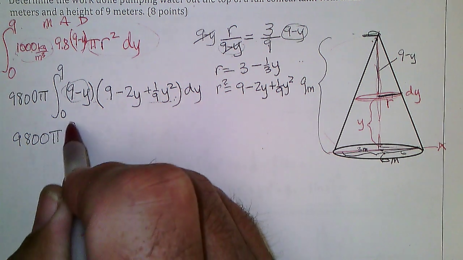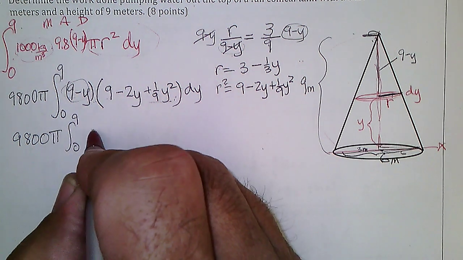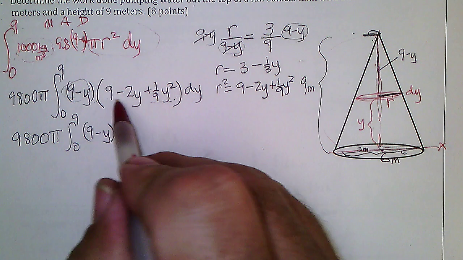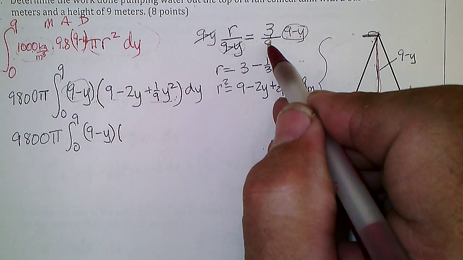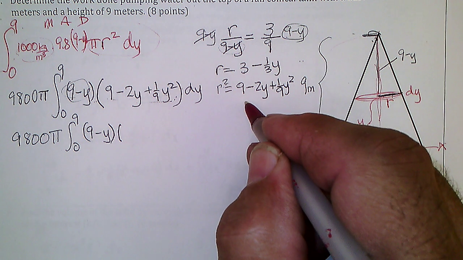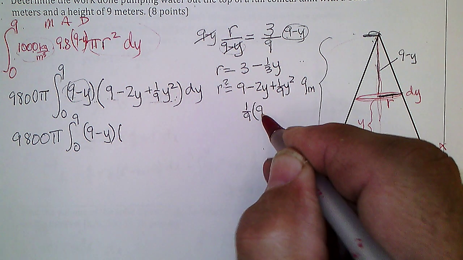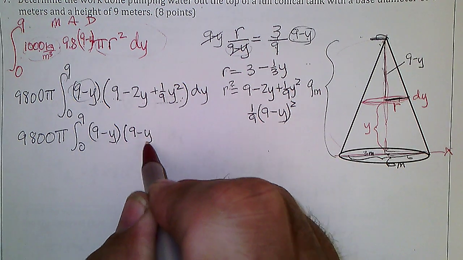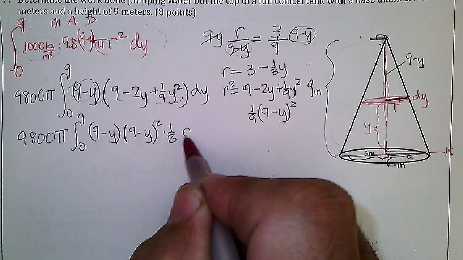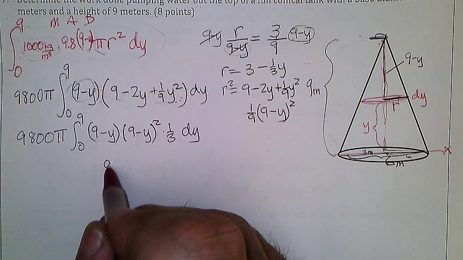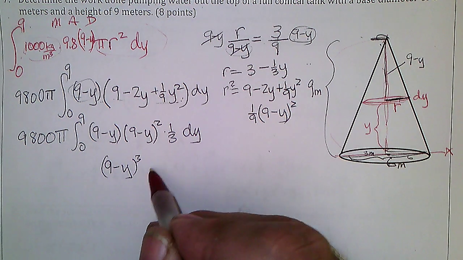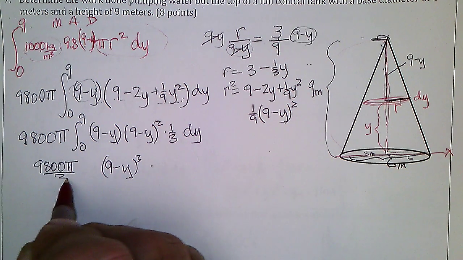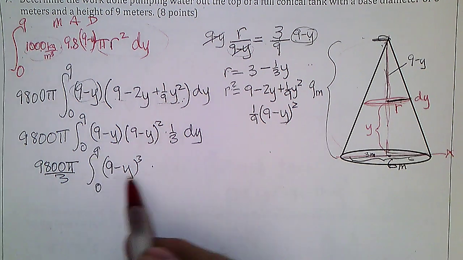9800 pi integral 0 to 9. We got a 9 minus y times, this was 9 minus y times 1/3 squared. So the 1/3 squared is 1/9. 9 minus y squared. So I have 9 minus y to the third, times 1/3, integrated from 0 to 9 dy.